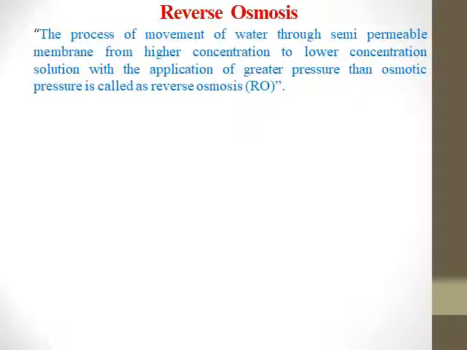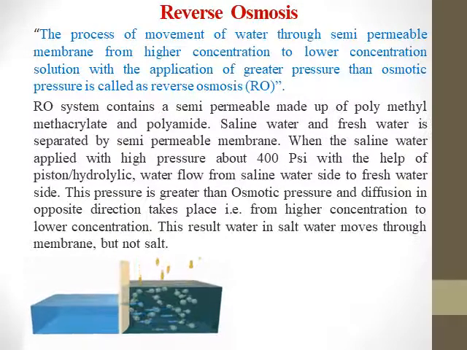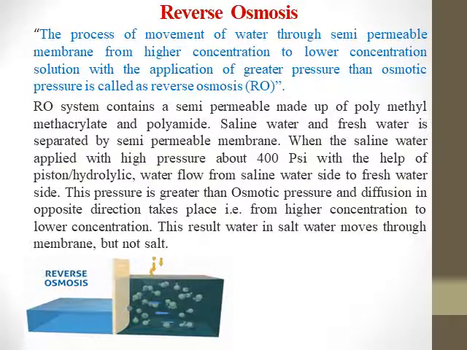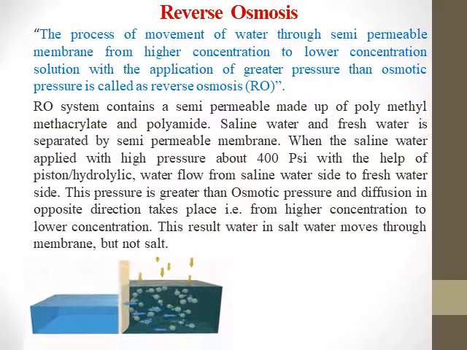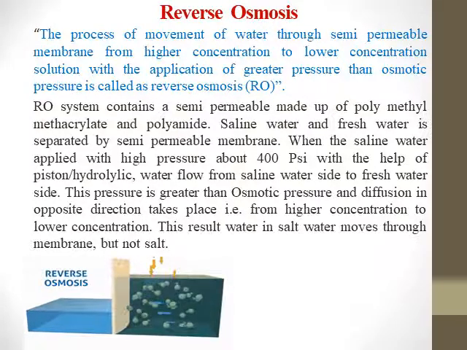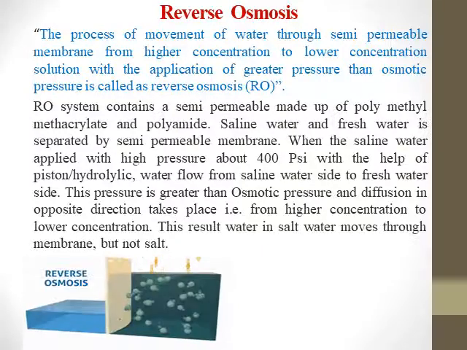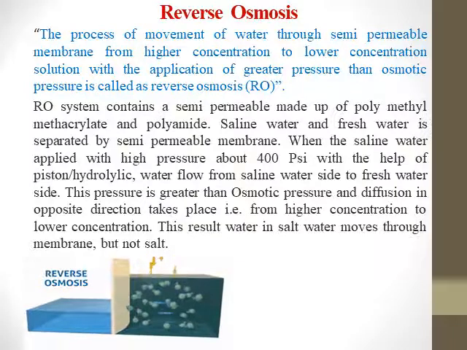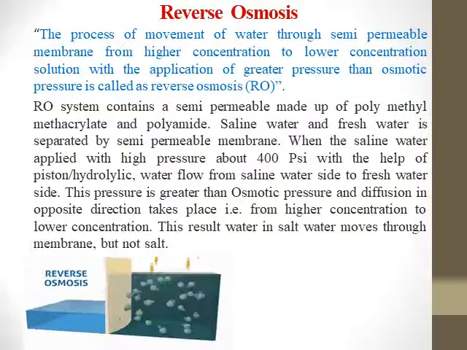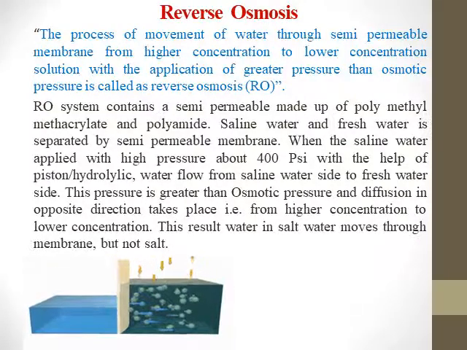Now, during the osmosis process, when you look into this figure, let us consider a vessel which is separated into pure water and salt water. Salt water is said to be in higher concentration. Pure water is said to be in lower concentration. When you separate these two with the help of a semi-permeable membrane, the movement of water molecules from the water side to the salt water side takes place.